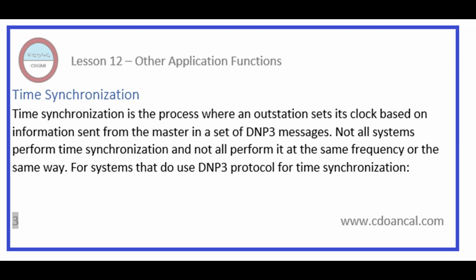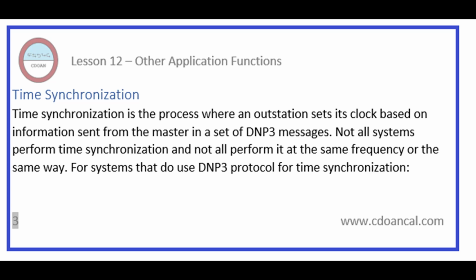First, time synchronization. Time synchronization is the process where an outstation sets its clock based on information sent from the master in a set of DNP3 messages. Not all systems perform time synchronization, and not all perform it at the same frequency or the same way.